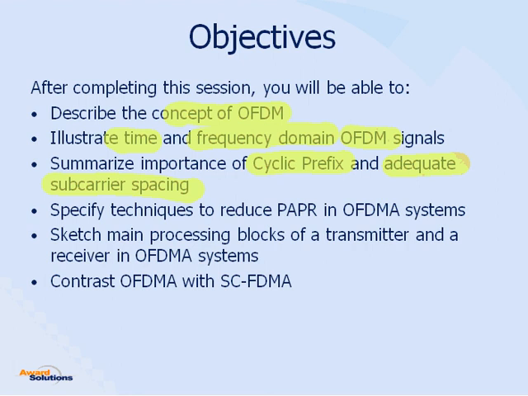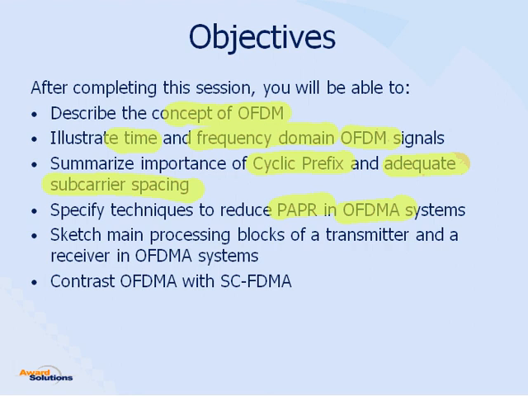In general, OFDMA systems suffer from high peak to average power ratio. So on average, maybe we are using a little bit of power, but suddenly sometimes we may have a need to transmit more power. So now the difference between the peak power and the average power could be quite high.